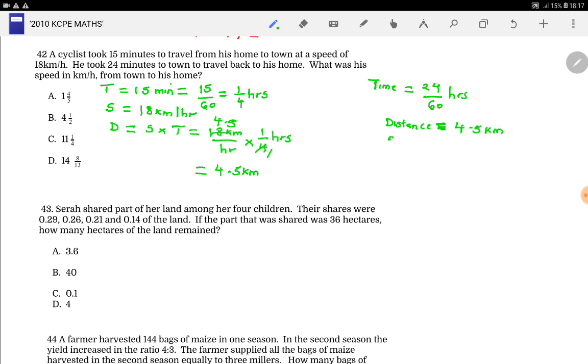So we can get speed by saying that speed is equal to distance over time taken, which is 4.5 kilometers over the time taken, which is 24 over 60. So in short, 4.5 we can write as 4 times 2, 8, plus 1, 9 over 2.